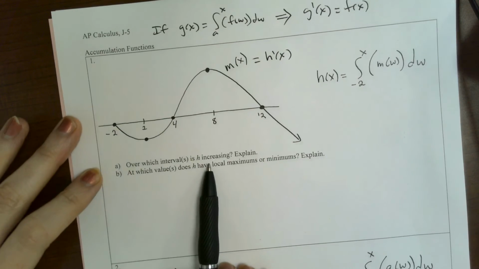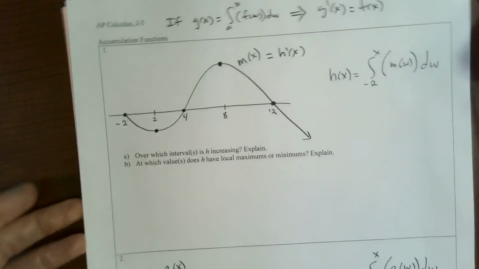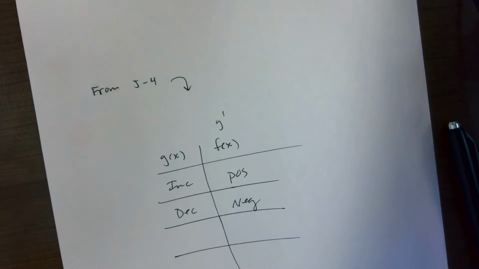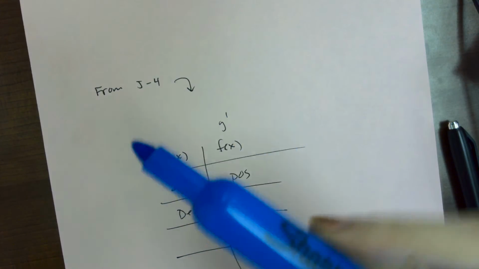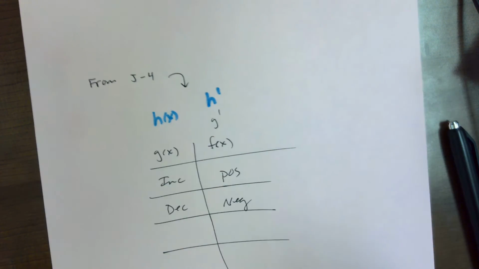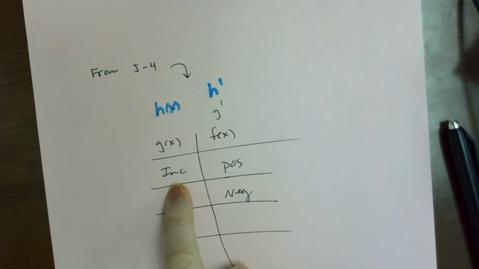So over which intervals is h increasing? All right, so we're going to take a look at that. So this is like h, and that's like h prime. So h is going to be increasing when h prime is positive.